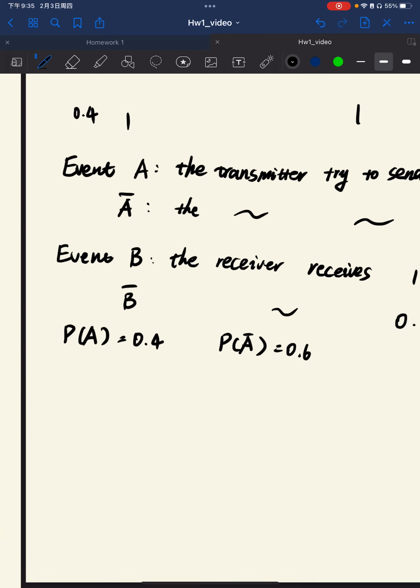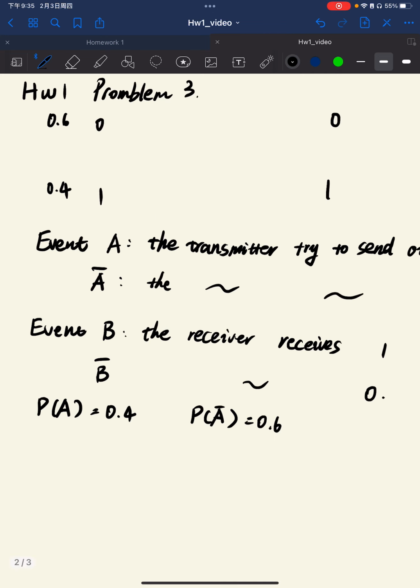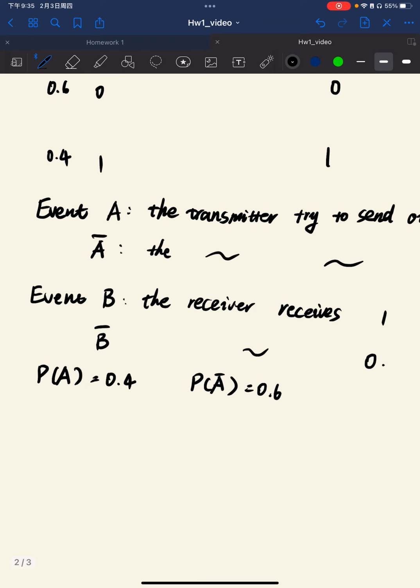And we also know the following conditions. When 0 is transmitted and the receiver receives 0, that means when event A complement happened, event B complement happened.